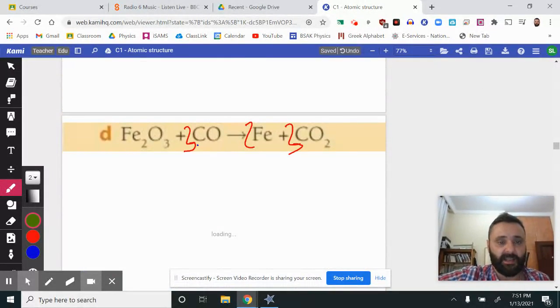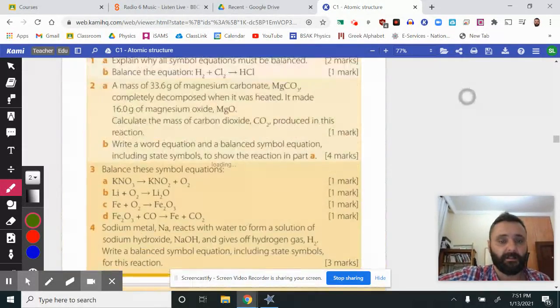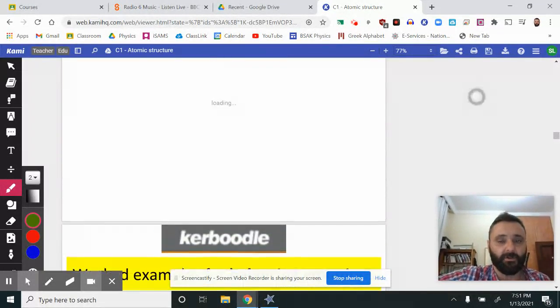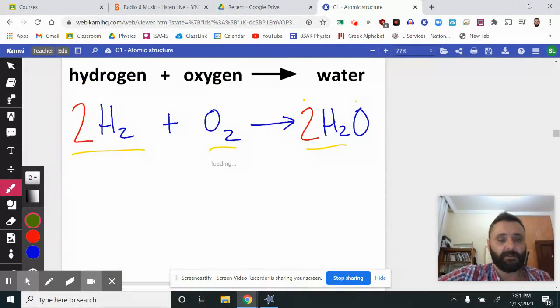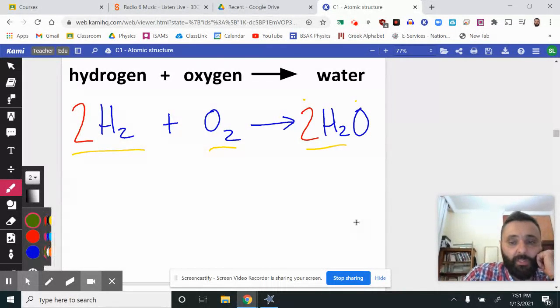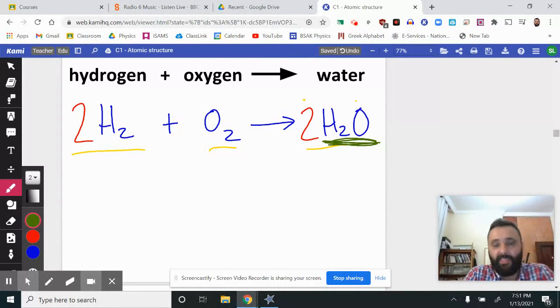But just to recap, the main rule, or 2 rules are, okay, the 2 rules are the numbers of atoms of each element has to be the same on the left as on the right. That's rule number 1. And rule number 2 is you can only have multiples of the whole molecule.